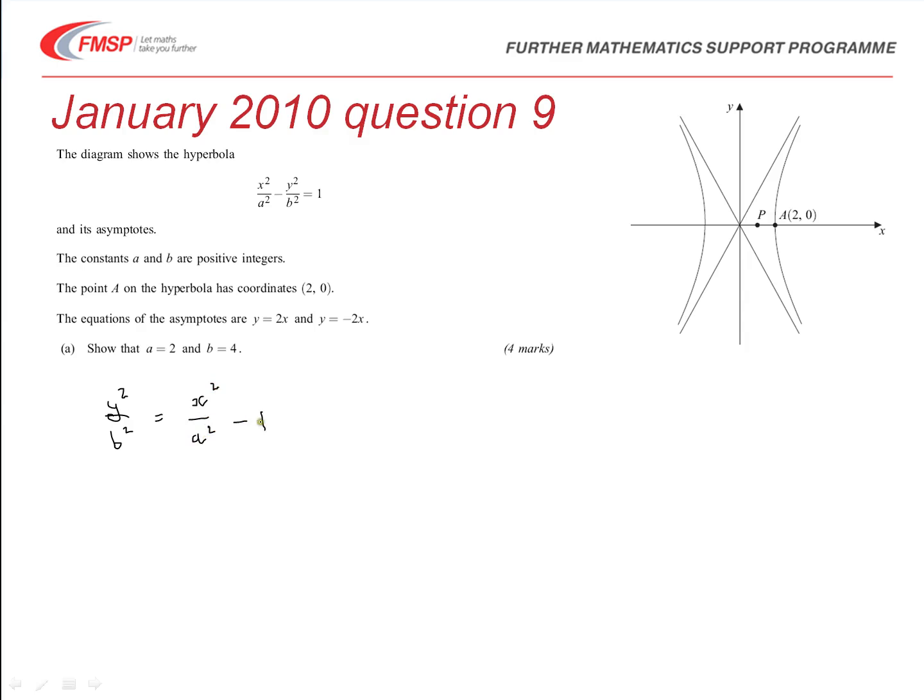Now we know that as x gets bigger and bigger, the x squared over a squared will get bigger and bigger, and so the minus 1 becomes less and less significant.